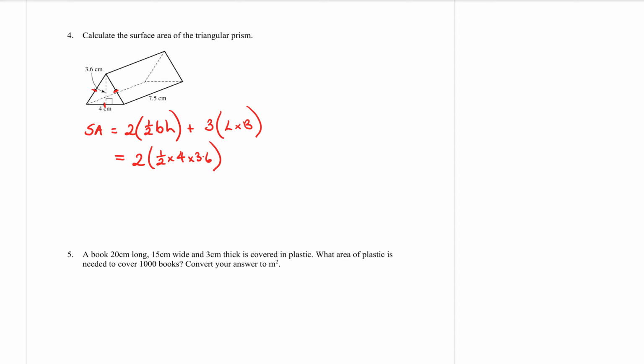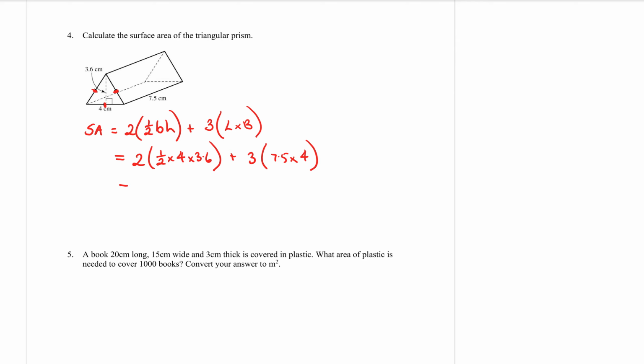So substituting into that formula, 2 times half times the base times the height. So the base is 4 and the height is 3.6 for the triangle, plus my 3 rectangles, which have a length of 7.5 and a breadth of, okay, this is the tricky part, I don't have a breadth, because the breadth needs to be, oh yes I do, sorry, it's this one down here, it's the 4 centimeters down here. So that line there, because that's 4, it means that these ones are all 4 here.